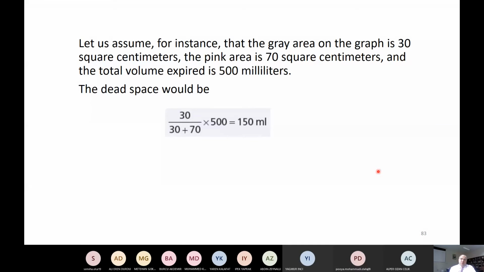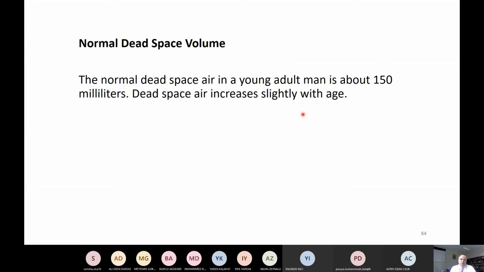If we give some numbers to the values, we can get 150 milliliters of dead space. This part will not enter the gas exchange. Now, normal dead space is 150 milliliters in young adults, and it increases with aging.